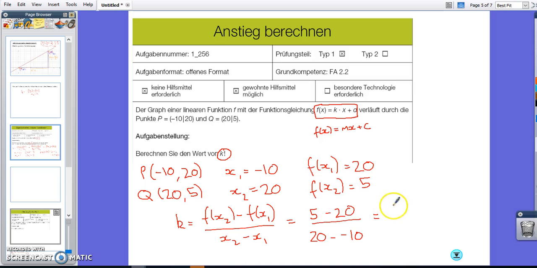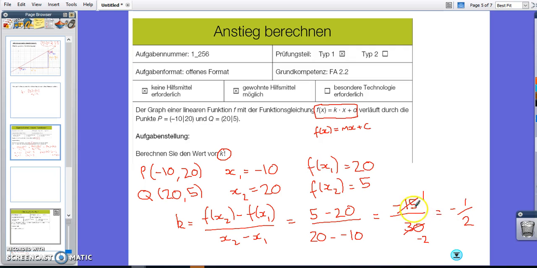So 5 minus 20 is minus 15 in the numerator, and 20 minus minus 10 is 20 plus 10, so I have 30 in the denominator. And this is something, again, that I can cancel. I know minus 15 goes into itself once, and minus 15 goes into 30 minus 2 times. So my answer cancels to minus a half.